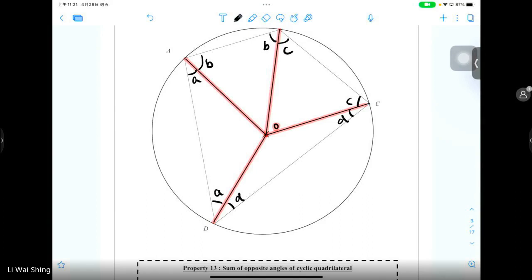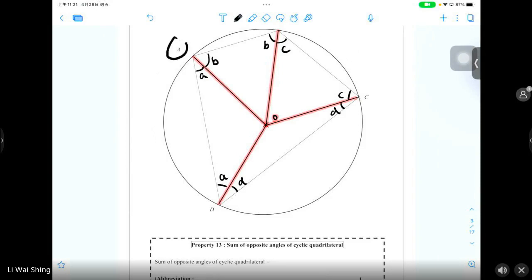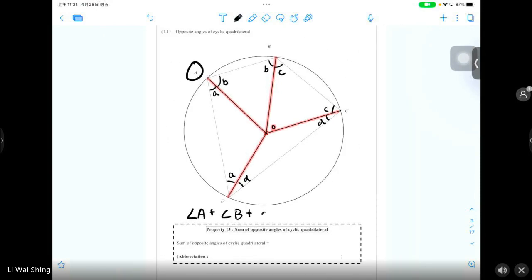Since it is a quadrilateral, so the sum of these four angles would equal to this angle plus this angle plus this angle plus this angle equals to 360, right? So you can write it down. Angle A plus angle B plus angle C plus angle D equals to 4 minus 2 times 180, which is equal to 360.